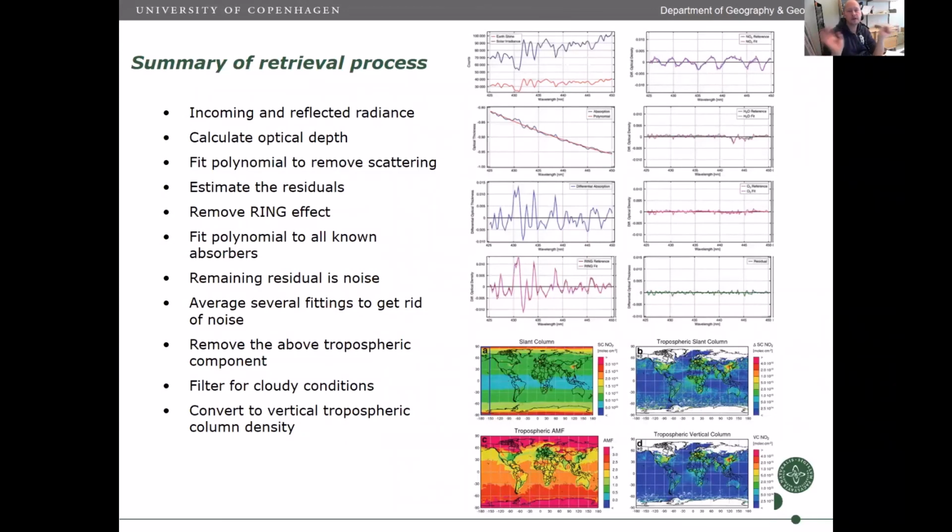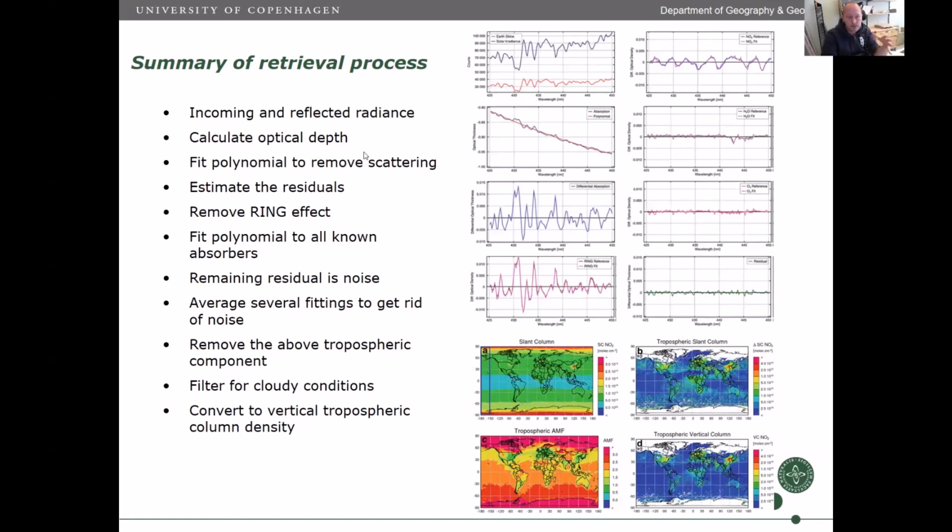Okay, finally, to summarize. We start with sending up a satellite sensor to space. From that, we get incoming and reflected radiance from the Earth's surface. Based on these measurements, we calculate the logarithm of the reflectance for each wavelength, and thereby we get the optical depth, which is linearly related to the concentration of the trace gas.